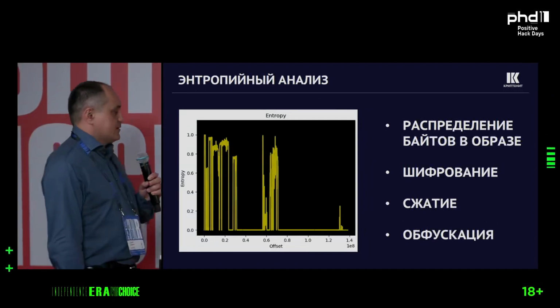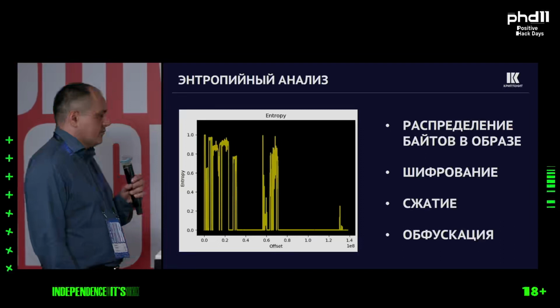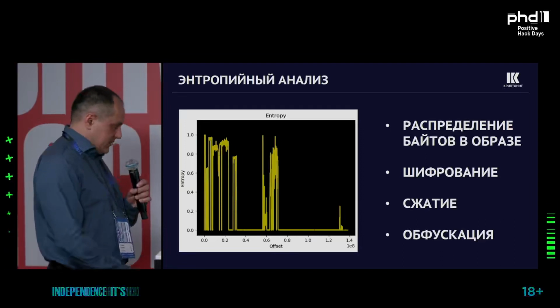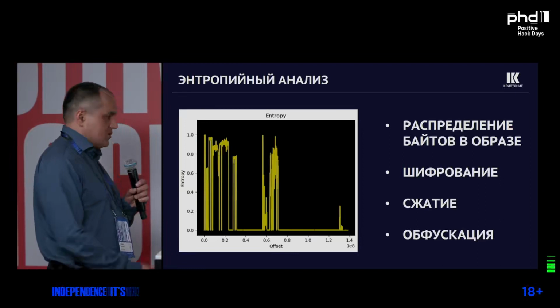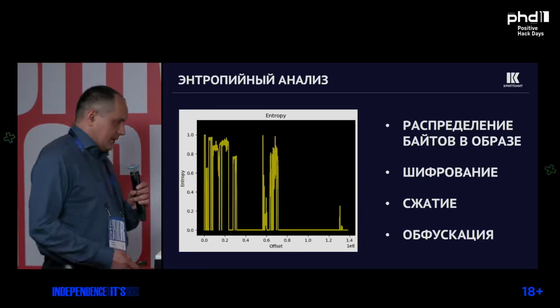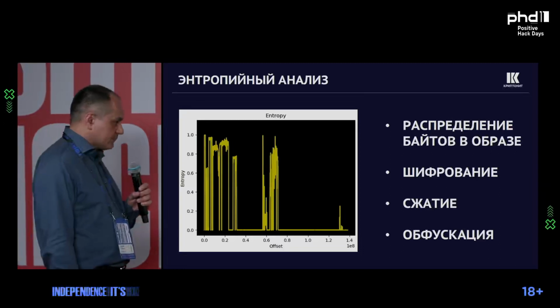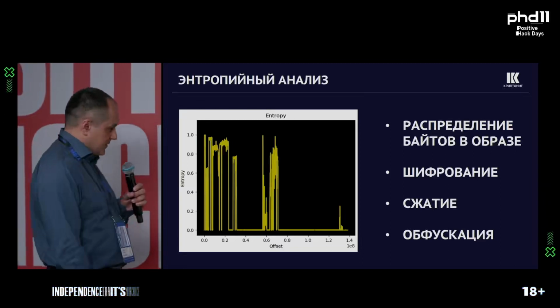You also have entropy analysis. It helps you get the spread of bytes in the image to understand whether there's any encryption or compression or obfuscation. They look quite similar.